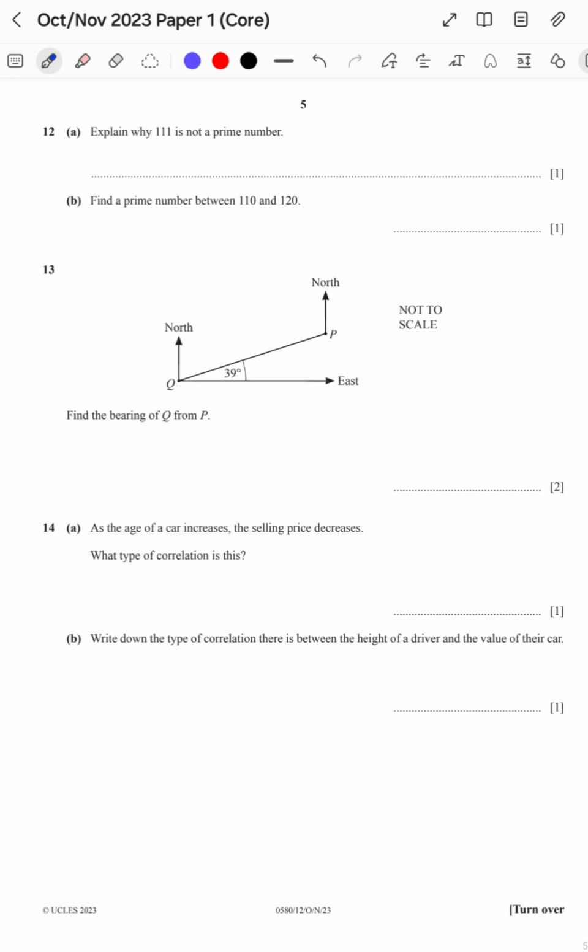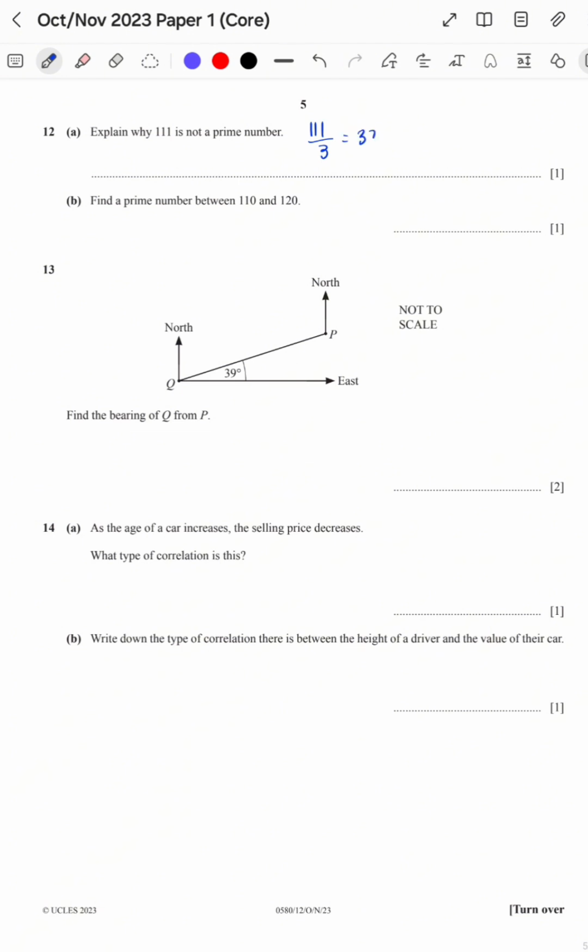Question number 12. Explain why 111 is not a prime number. Because we can divide 111 by more than just itself or 1. It's actually a multiple of 3 or 37. You can use a calculator to check this. We can divide it by 3.